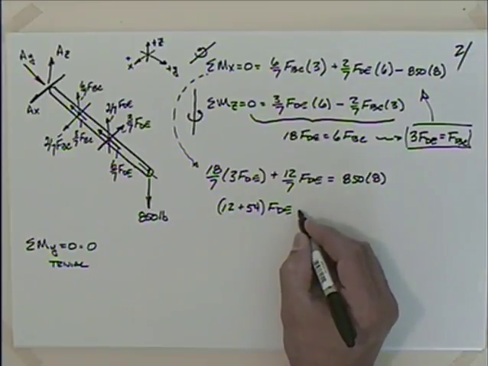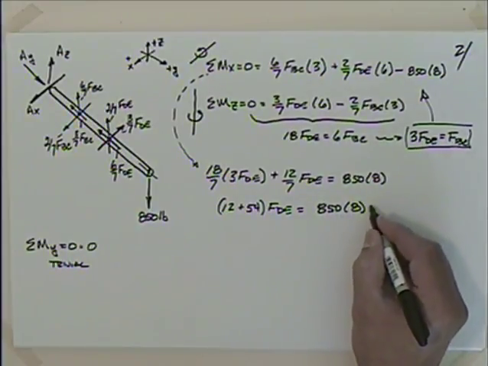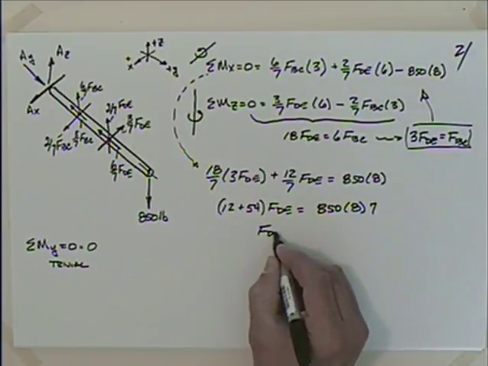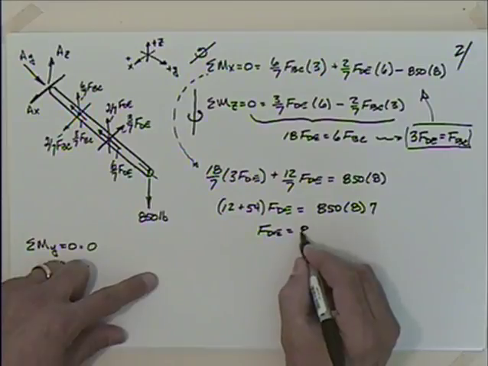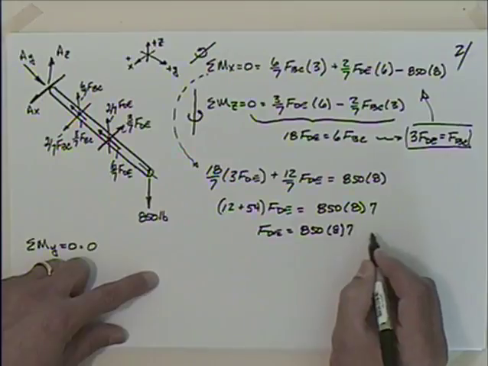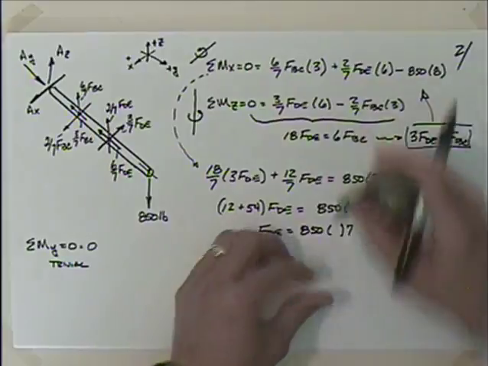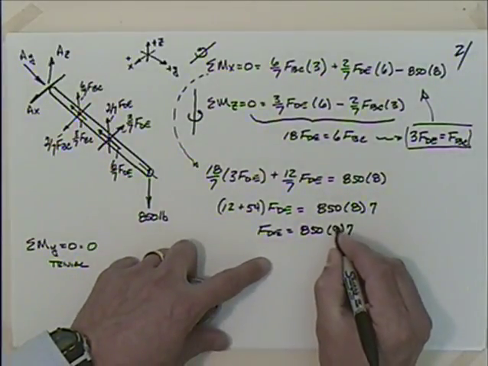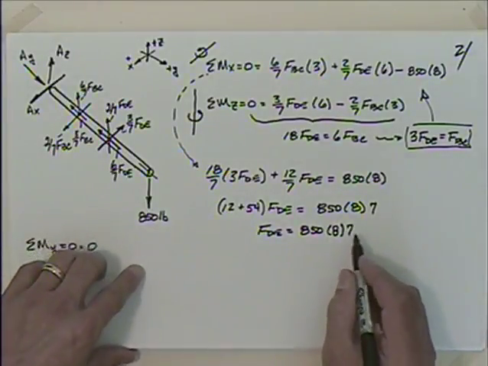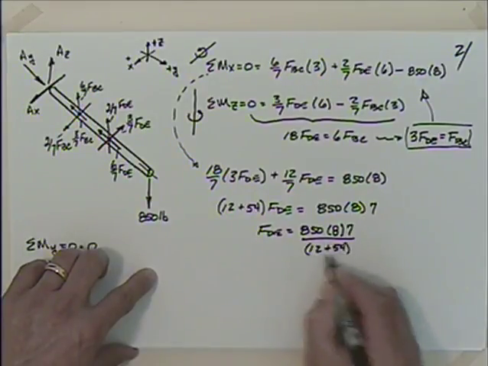FDE is equal to 850 times 8 times what? I've got a 7 there too, don't I? Multiply both sides by 7. So FDE is equal to 850 times 8 times 7, and then I have to divide by 12 plus 54.